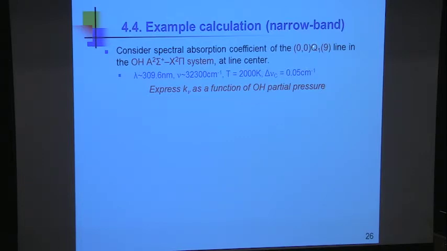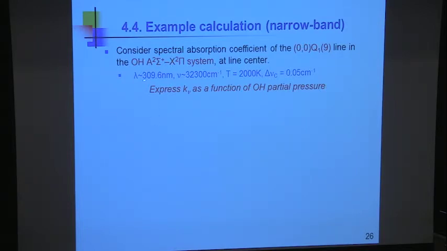Q tells me that delta J, the fact there's no superscript tells me that delta J is 0 and delta N is 0. And the 1 tells me that I'm talking about the J equals N plus a half. The N tells me that it's N that I'm showing. So this is the Q19 line in the 0, 0 band of the X to A system.